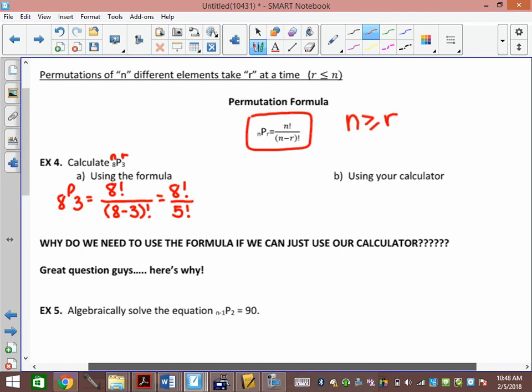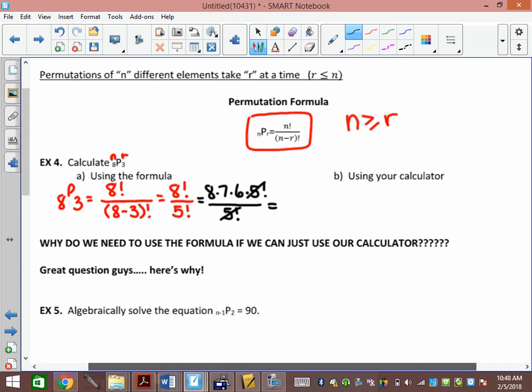We could actually expand this out if we wanted to do the math on our calculator. 8 is the bigger factorial, correct? So we can make 8 become 5. So we could go 8 times 7 times 6 times 5 factorial over 5 factorial, and then our answer would just be 8 times 7 times 6.